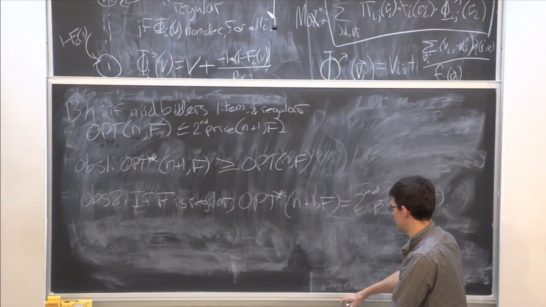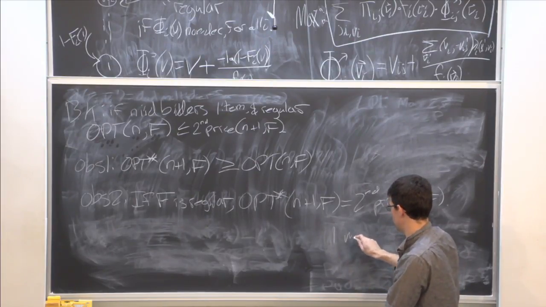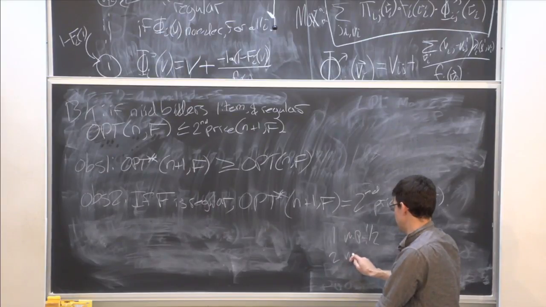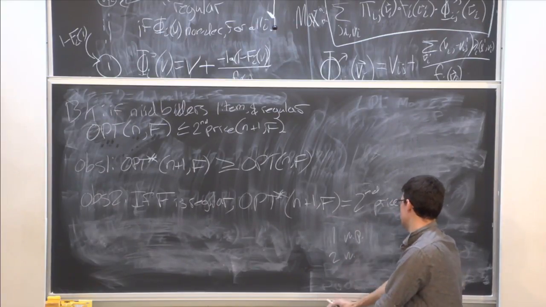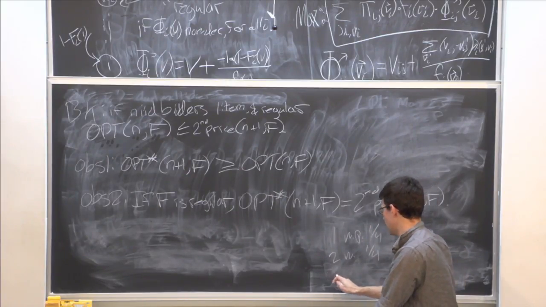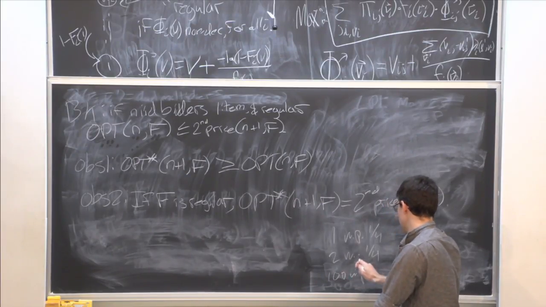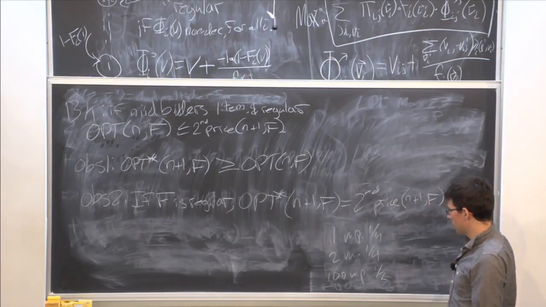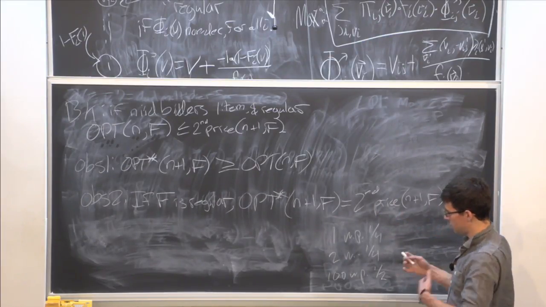Let's say that the distribution is 1 with probability 1/2, and it's like 2, sorry, I'm just being lazy. So like 1 with probability 1/4, 2 with probability 1/4, and like 100 with probability 1/2. Okay, so now let's just think.